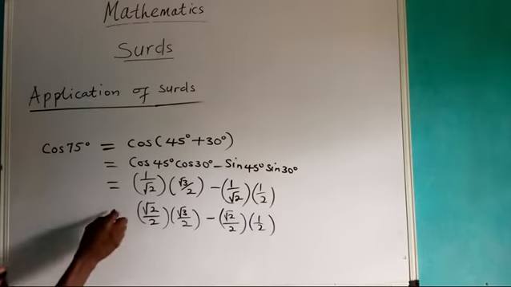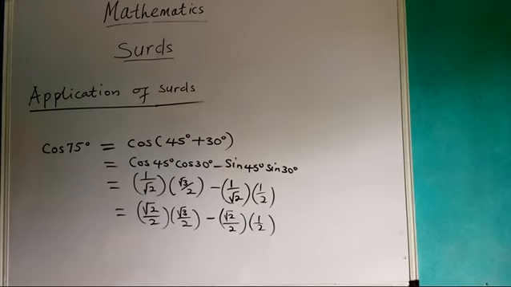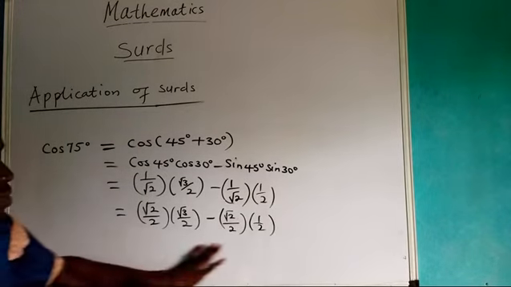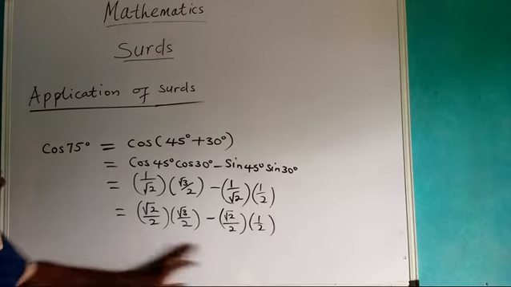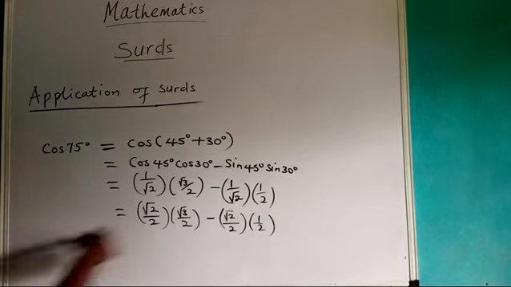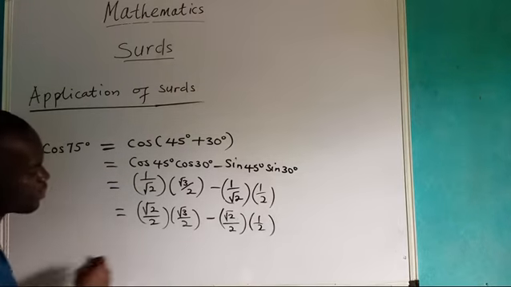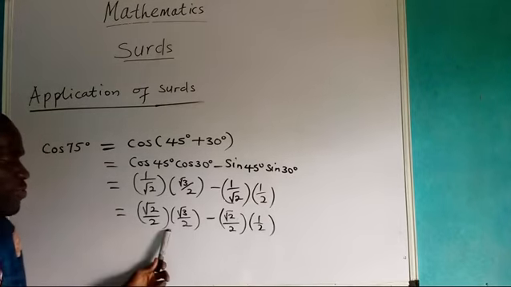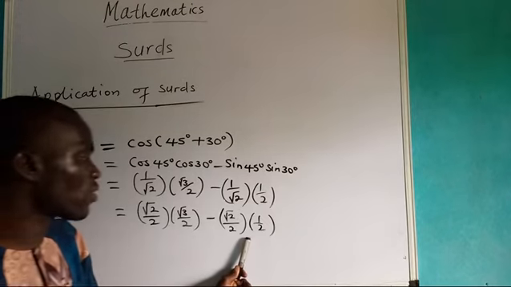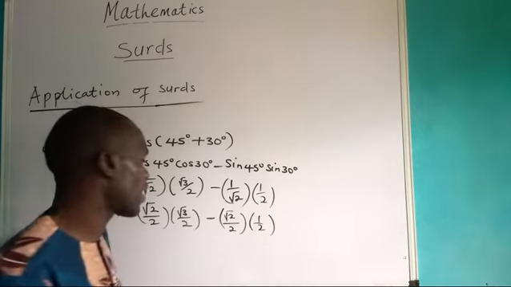Now we can move forward. Look at the denominators: there is no surd in any of them, so I can simplify the numerators by multiplying, since there is a bracket in between, it is times.